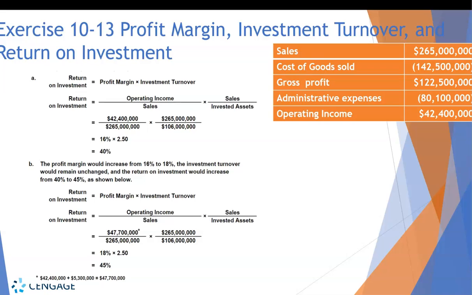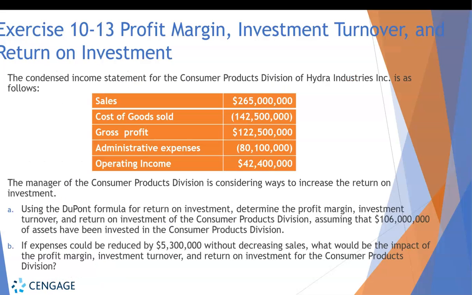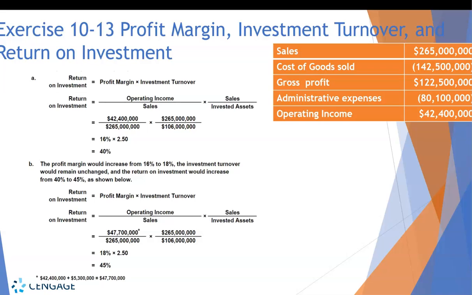Now, what happens when we reduce some expenses? If we reduce our expenses by $5,300,000, our operating income is going to go up by $5,300,000.